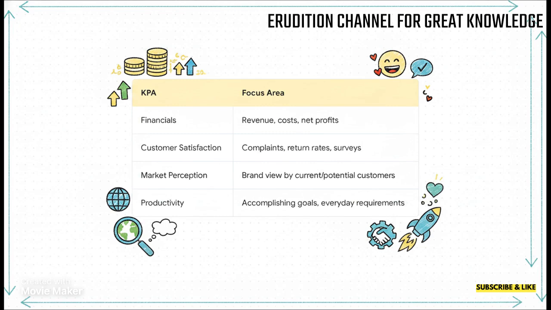Second is customer satisfaction, dealing with things like customer complaints, product return rates, and the results of satisfaction surveys. Third, we have market perception. This is all about how current and potential customers actually view your company or its products. And finally, productivity. This means accomplishing major organizational goals, meeting everyday requirements to keep the organization moving forward, and ultimately keeping customers satisfied. Honestly, if you ignore any of these 4 terrains, your business is definitely going to struggle.